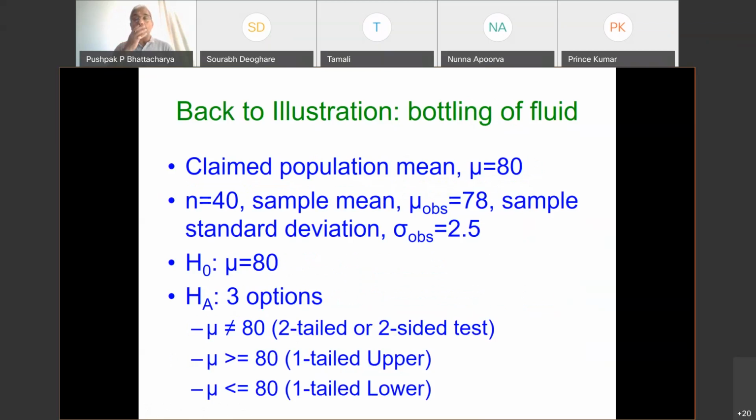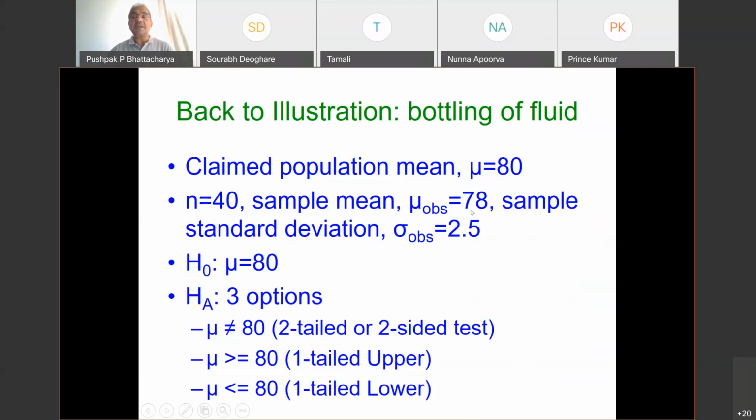Let's come to the problem under discussion. The claimed population mean is mu equal to 80. The factory claims its average bottling amount is 80 milliliter. And we have taken a sample of 40 bottles.